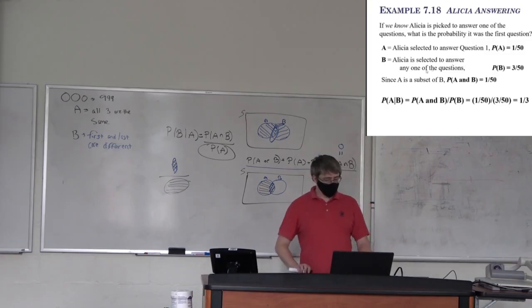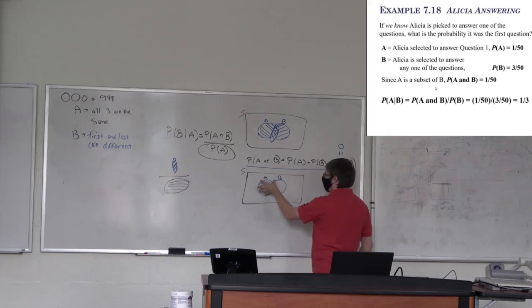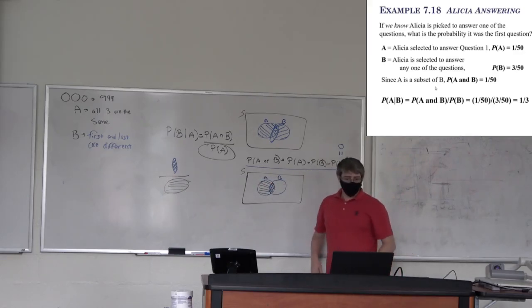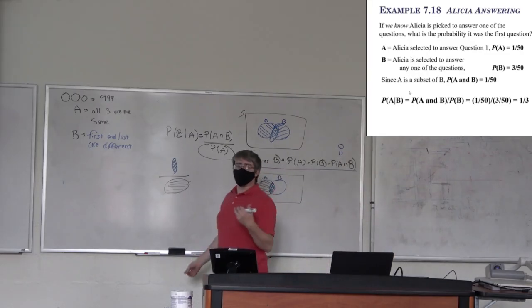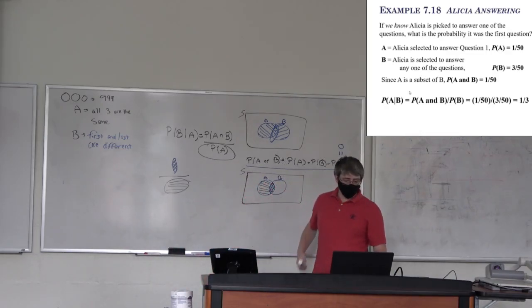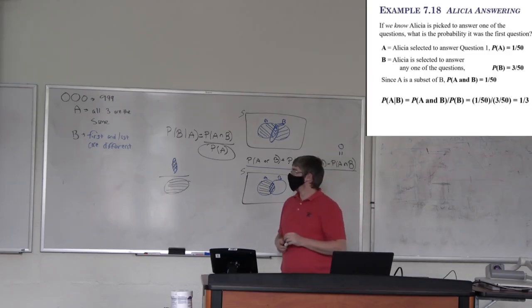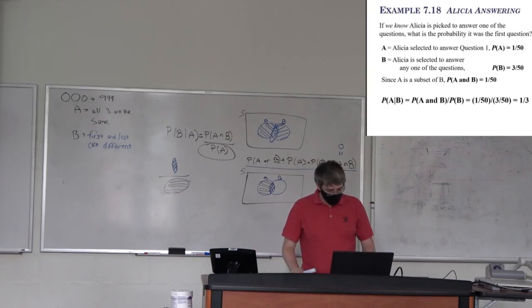And since A is a subset of B, meaning P of A and B is a subset within A, it's contained inside of A. And so in this case, to figure out if she was already selected for one of the questions, the probability that it's question 1 kind of makes sense. It's just 1 out of 3, because it would just be 1 out of 50 divided by 3 out of 50. Does that make sense? Yes? Okay.